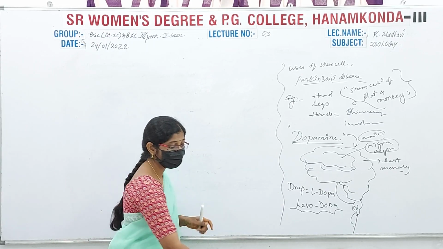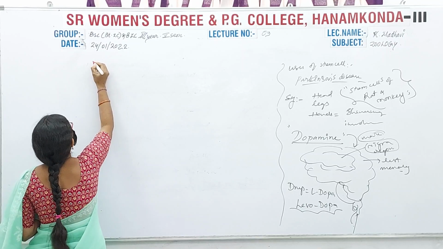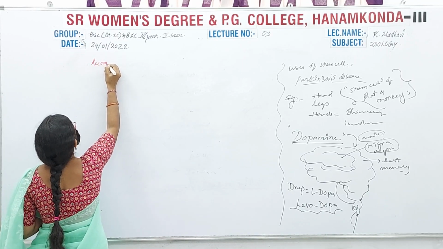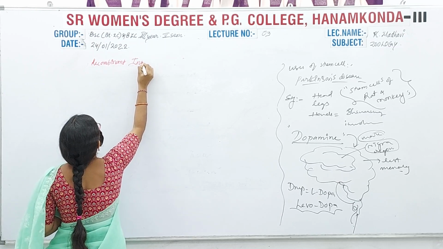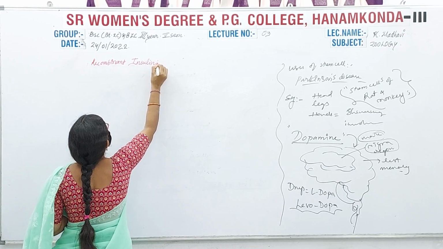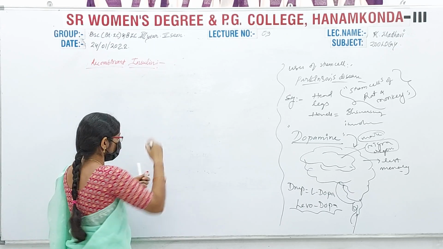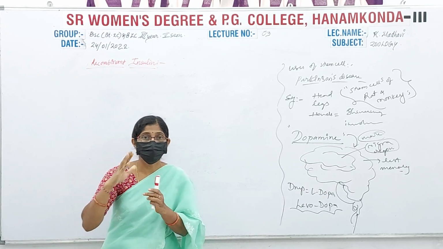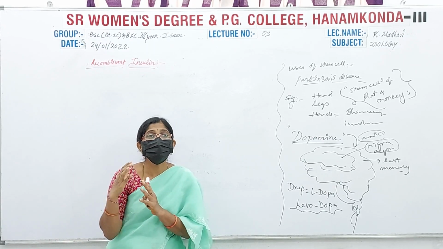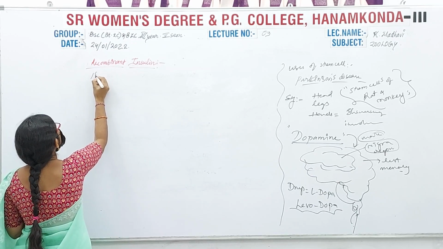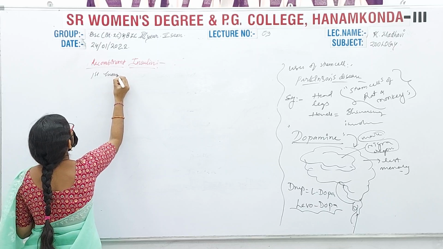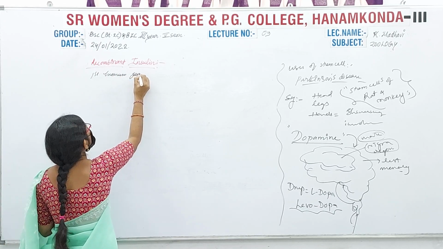In this session, we will discuss recombinant insulin. Insulin is the first human gene product.